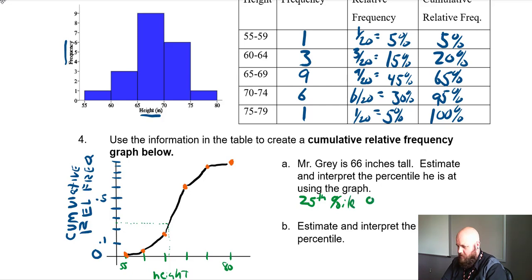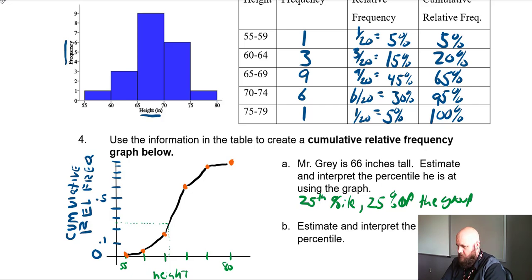And 20 percentile of the group. Oh, I'm sorry, it's 20 percentile. Let me start over. Saying two different things here. So he's at 20% of the group. 20% of the group is shorter than Mr. Gray.